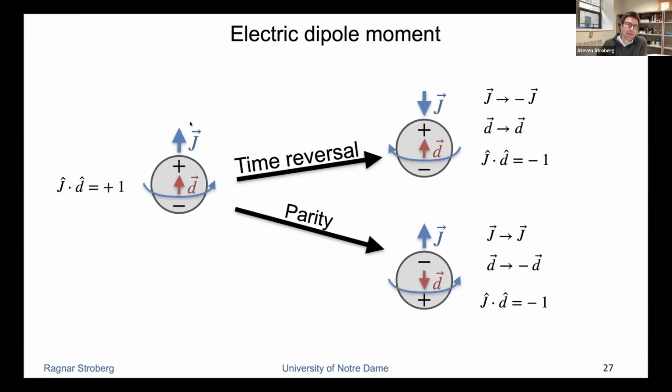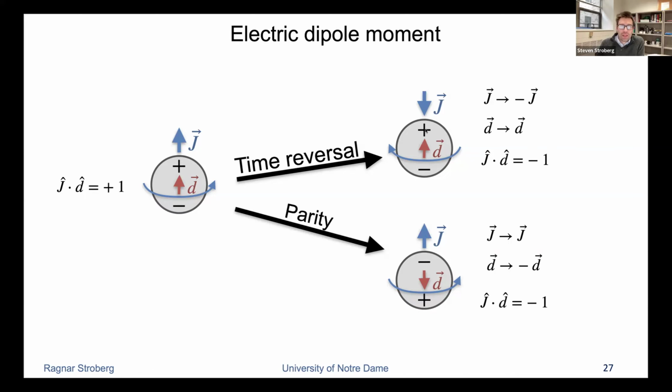So if we make some sort of a system here that has angular momentum J, and it has a dipole moment, which we'll call D, so the charge is separated. In this case, we have them pointing, let's say, in the same direction, so that the J dot D hat is +1. And now we make a time reversal transformation.